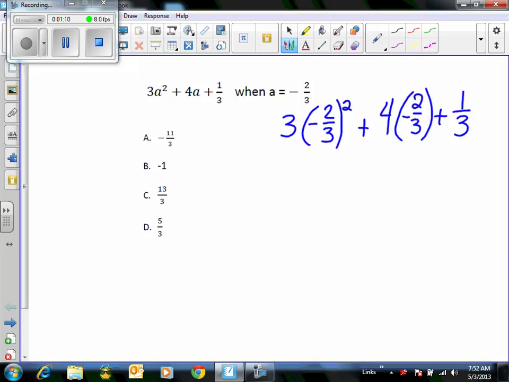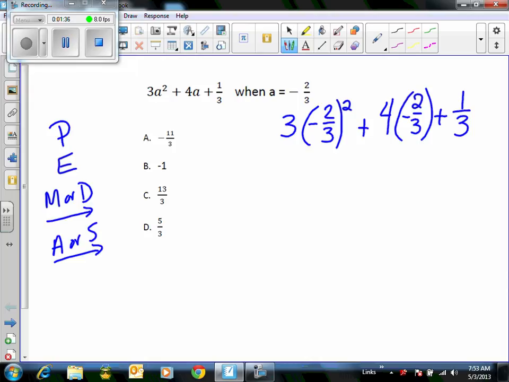You have to be very careful when we're writing all of this down. With this problem, we want to follow the order of operations. Just as a quick review, we have parentheses, exponents, multiplication or division going left to right, add or subtract going left to right as well.